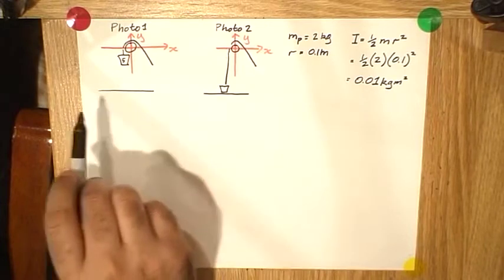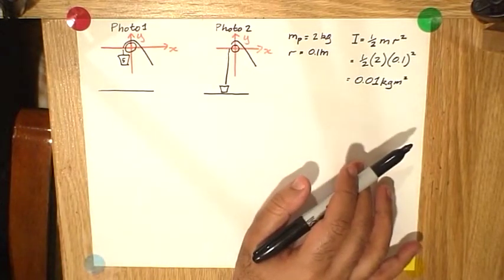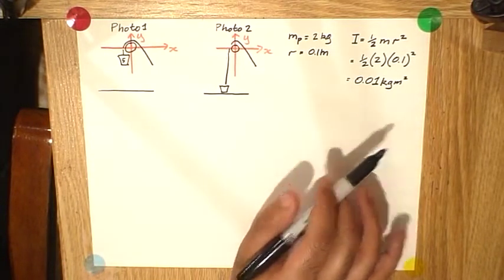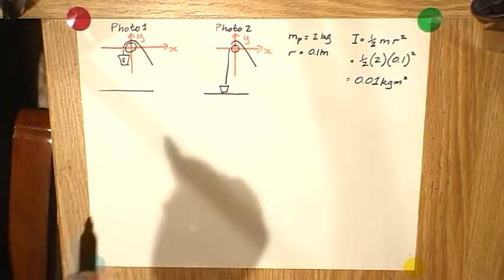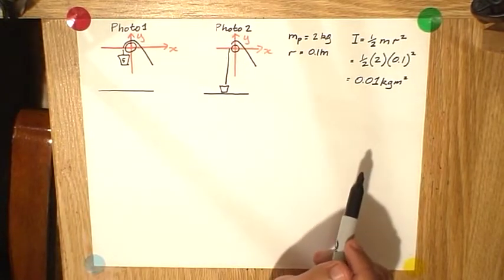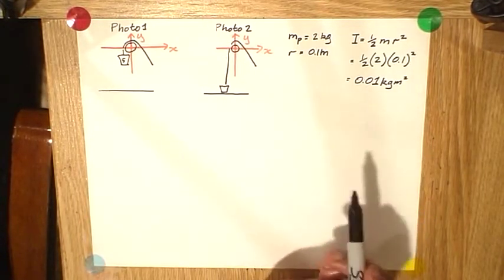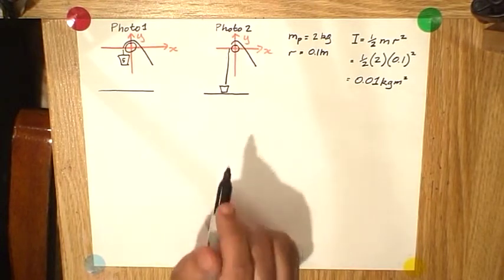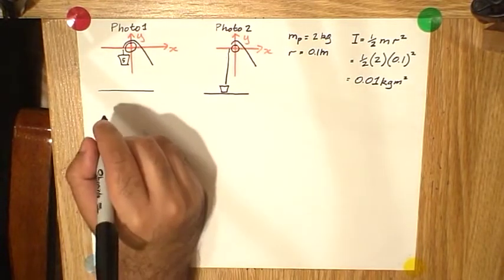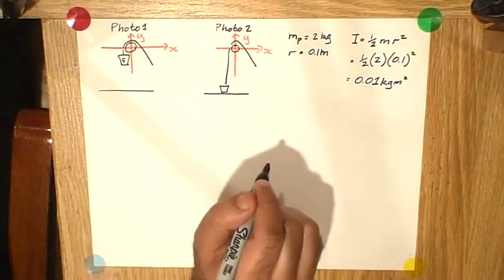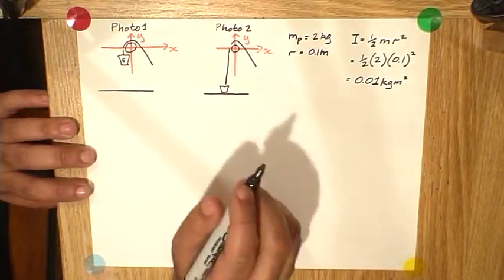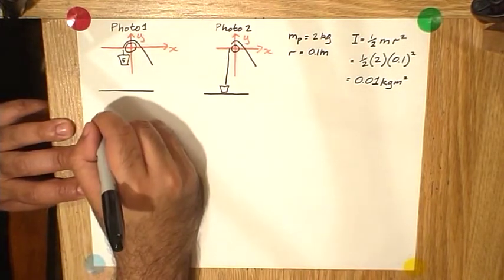So now that we have all of this information, we are ready to start solving for all of the unknowns and most importantly the height in this situation. So let's write out conservation of energy and then let's slot in everything that we know.